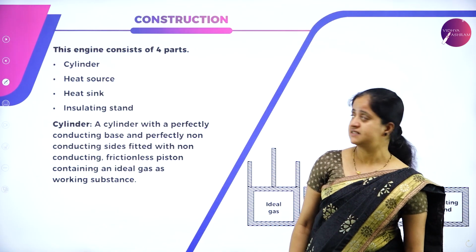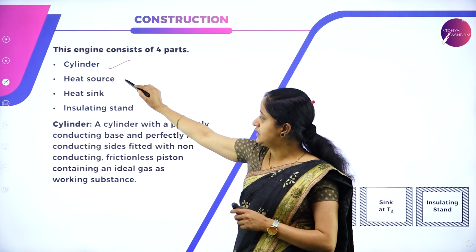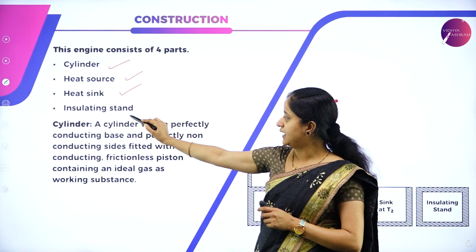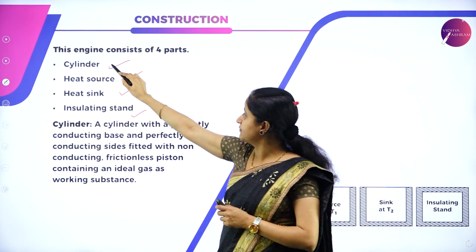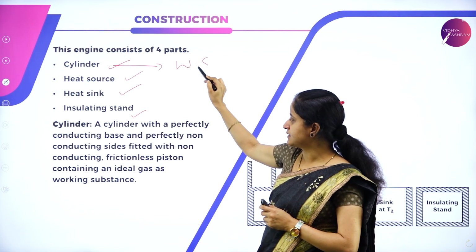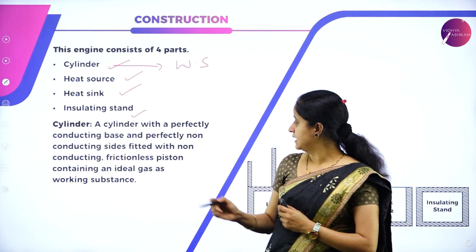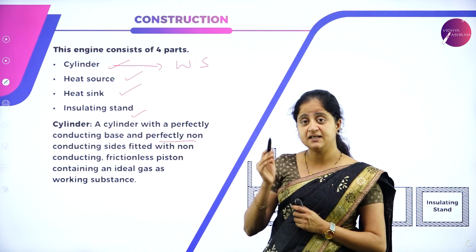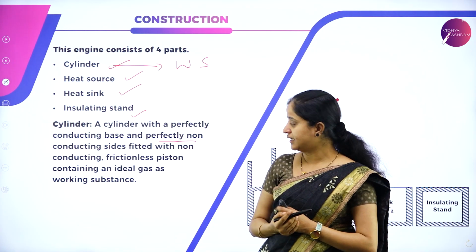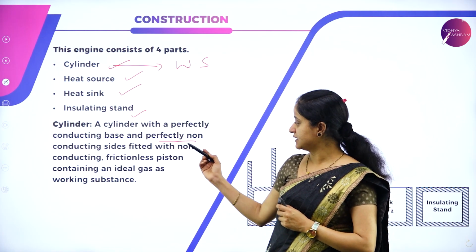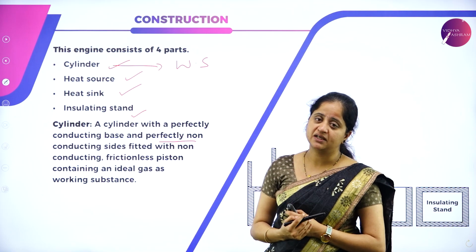As I explained, this engine consists of a cylinder, heat source, heat sink and insulating stand. In the cylinder, we can observe the working substance. A cylinder with a perfectly conducting base and perfectly non-conducting sides, fitted with a non-conducting frictionless piston containing an ideal gas as working substance.